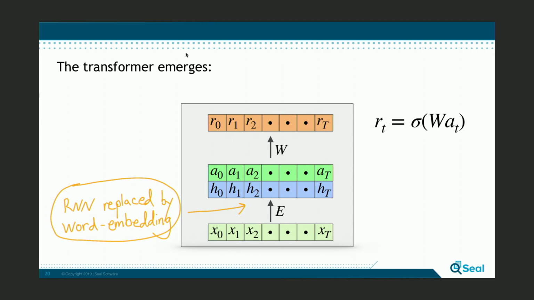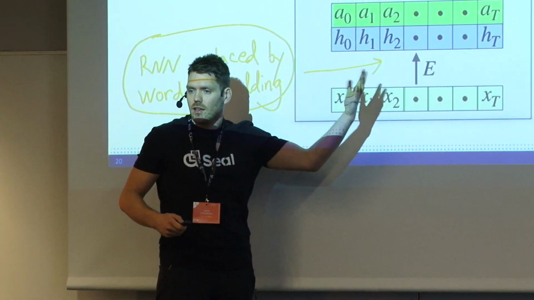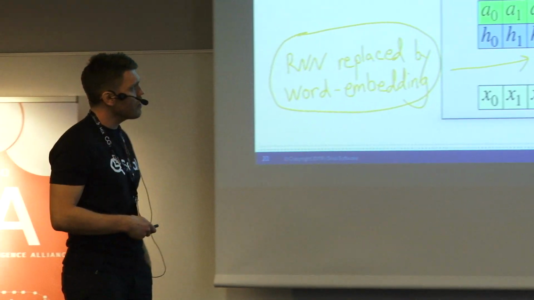So we just use vectors for these words. So H0 now is just one word vector, basically for X0, and so forth. But we still keep the attention mechanism, the same. So this can sort of ask H0, do you have something that is valuable to me, and so forth.